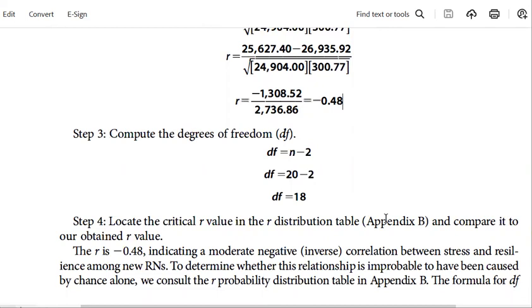And I do want to note that this particular R is negative. So that indicates that this is an inverse association between stress and resilience, meaning that higher levels of stress are associated with lower levels of resilience.